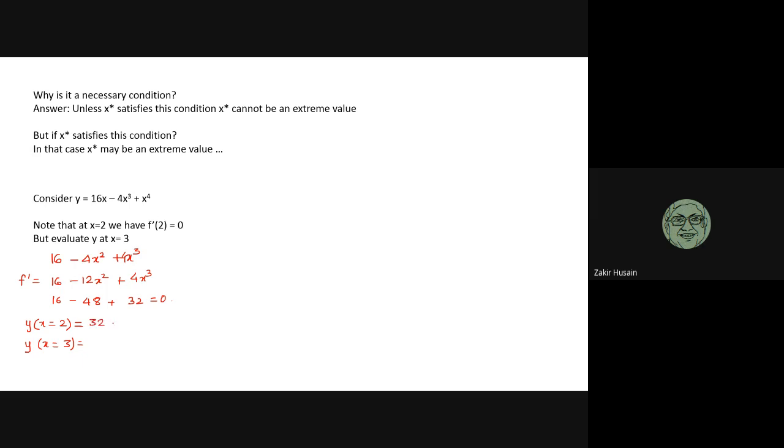This will be 32 minus 248. So at x equal to 2, y will be 16.